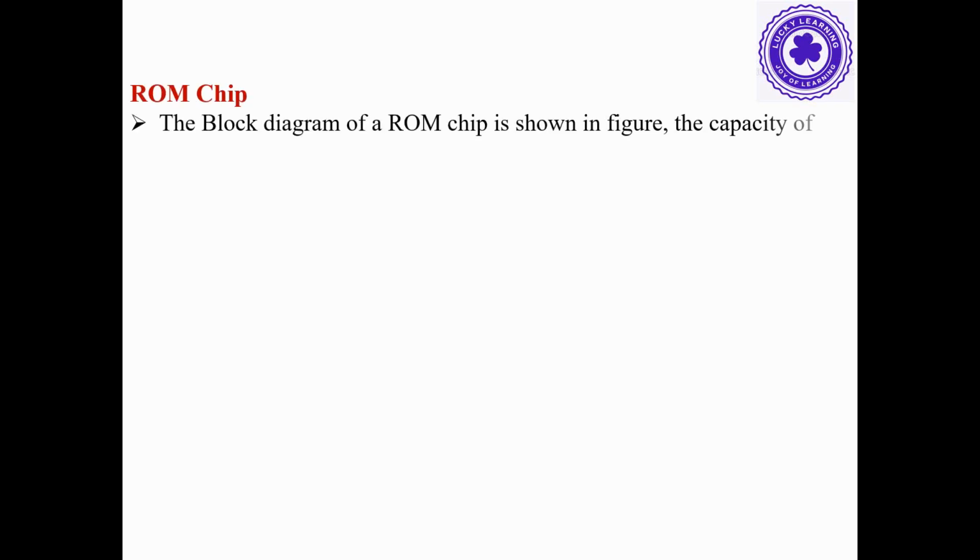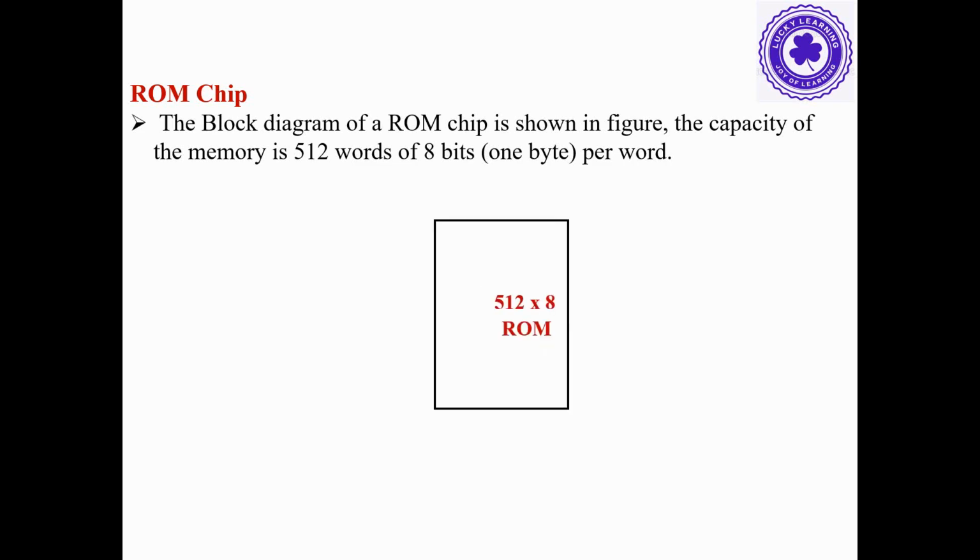When you look at the block diagram of a ROM chip, we have assumed a capacity of 512 words of 8 bits per word. 512 you have to represent as 2 power 9. It means to address each word in the ROM, how many bits of address are required? A 9-bit address is required.